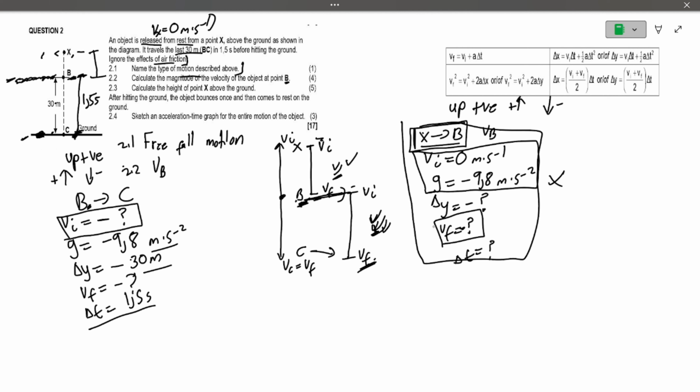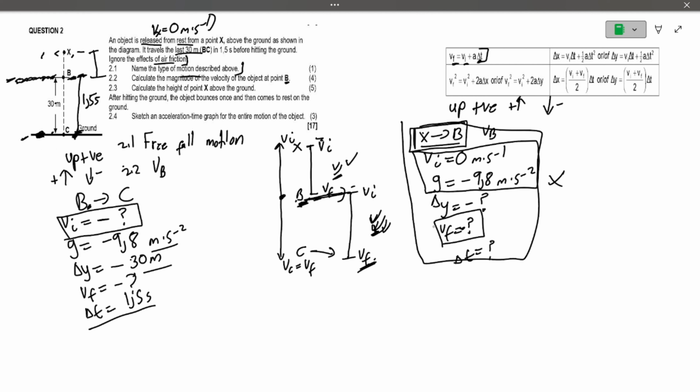Let's see if there's a formula that we can use. Here we don't have a V initial or a V final, but we are looking for V initial, and we are also looking for the time. Do we have the time here? The time here we have, but this formula we cannot use because we do not have the V final.